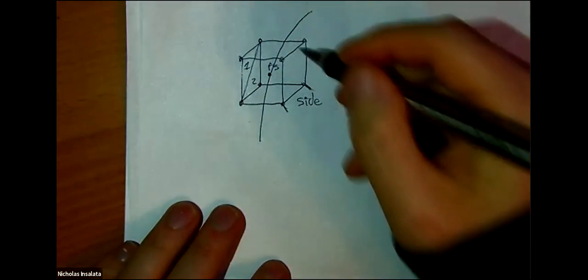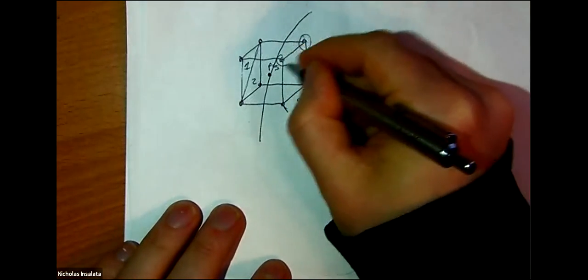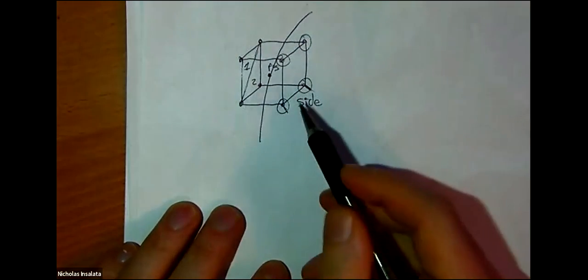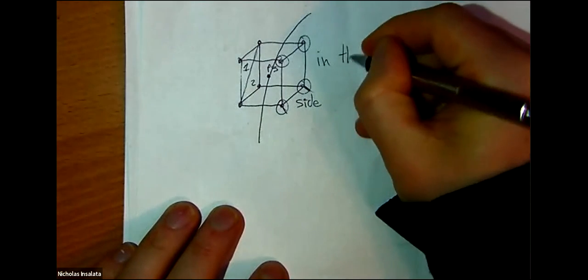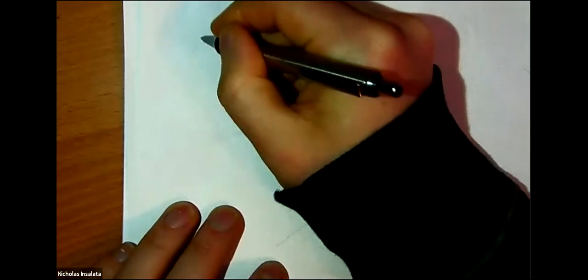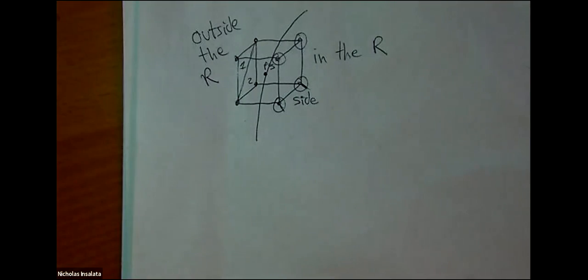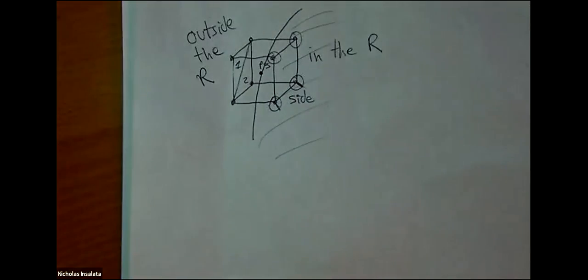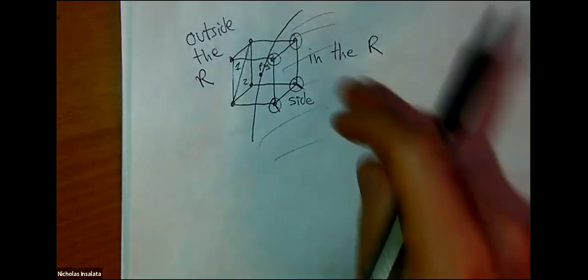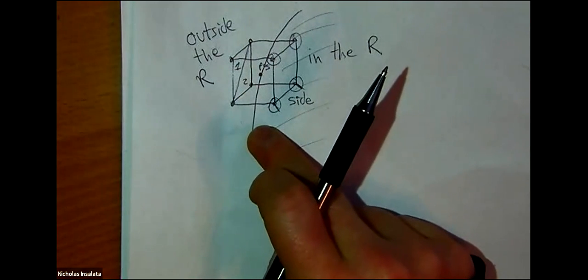Then these 4 points would be in the relation, and these are outside the relation. Maybe this is my shading on my sphere. So the curve of the sphere cuts right through this little cube.